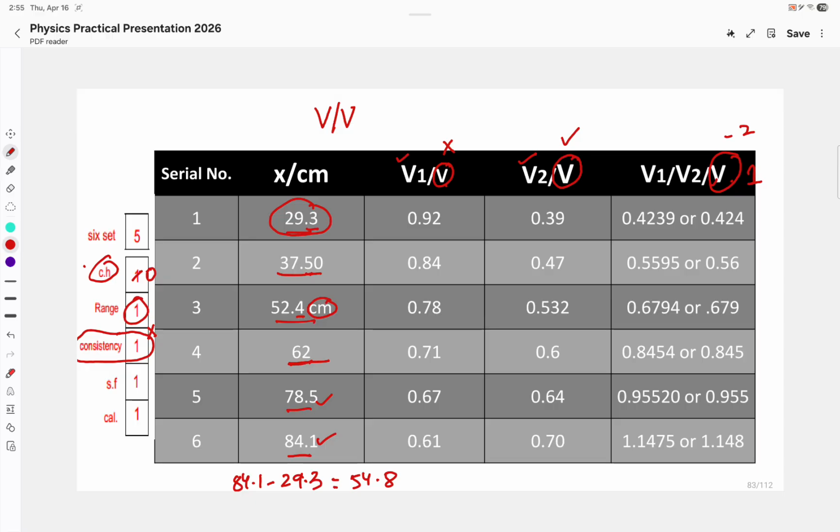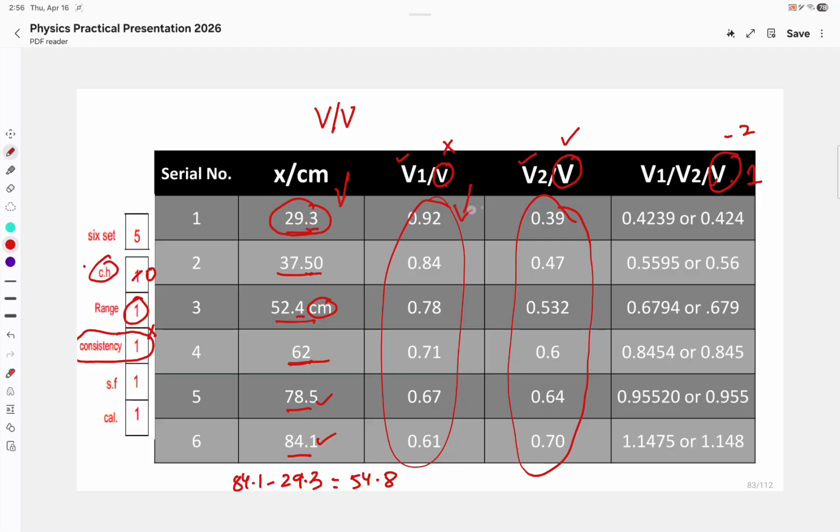Take care. These tiny suggestions I am giving you, you must keep in your mind. Okay, then the V1 column, every value is fine. V2 again, every value is fine. Now I have to write V1 and V2. So consistency will be counted in the column of x.